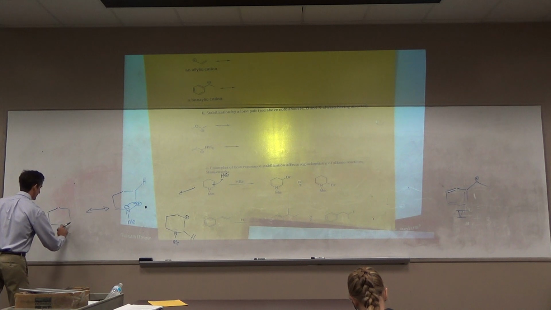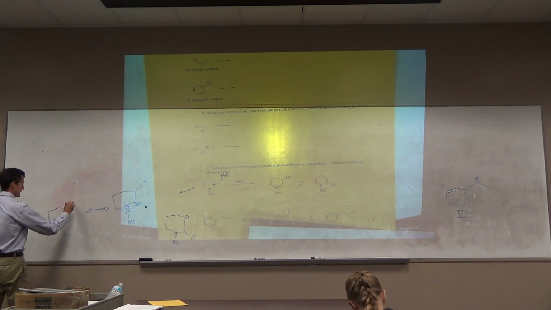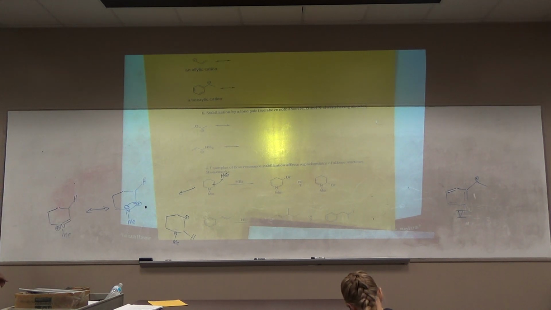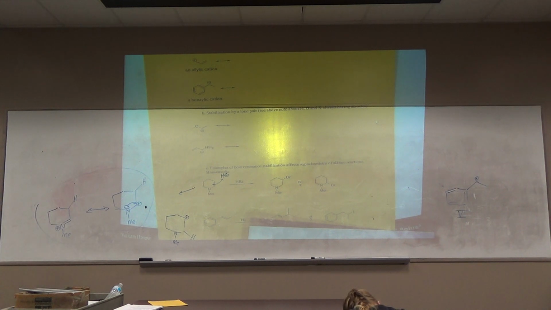I'm going to draw this because this arrow movement gives this, yeah? There's your carbocation. One thing you have to understand is this is one carbocation. I circled one carbocation.